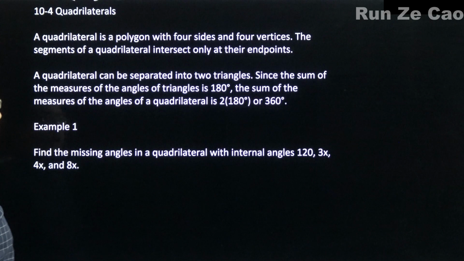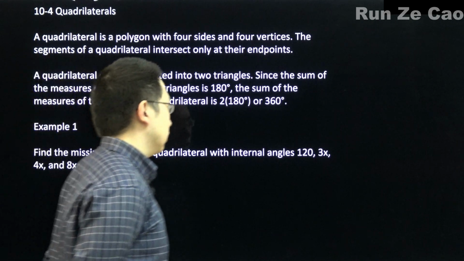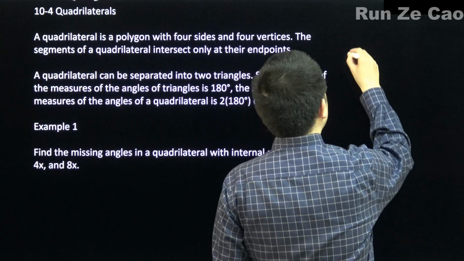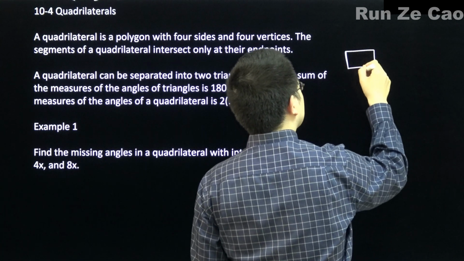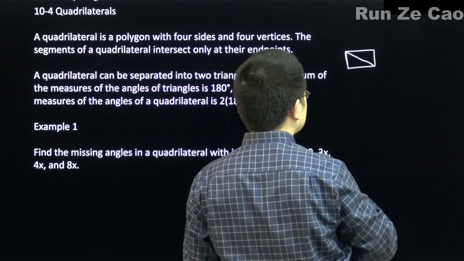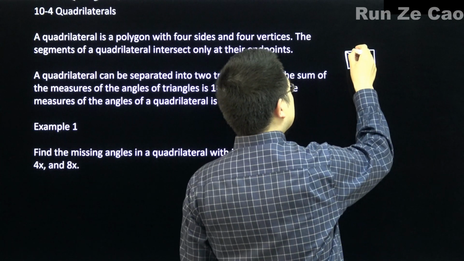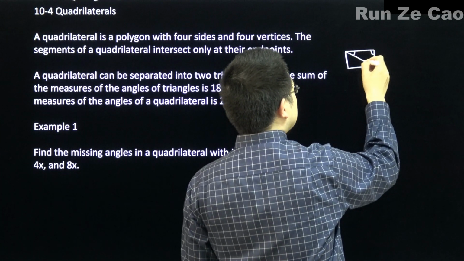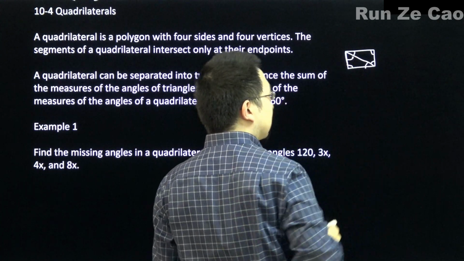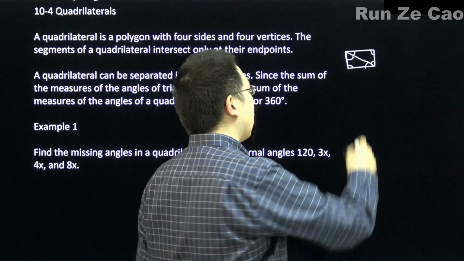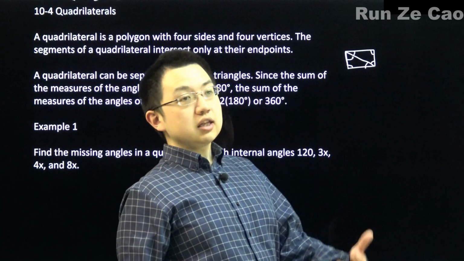Now, a quadrilateral can be separated into 2 triangles. It might seem intuitive for something like a square or a rectangle to be separated into 2 triangles. And then you find all these angles add together. Each of these adds together to be 180 degrees. All of these added together must be 360 degrees.